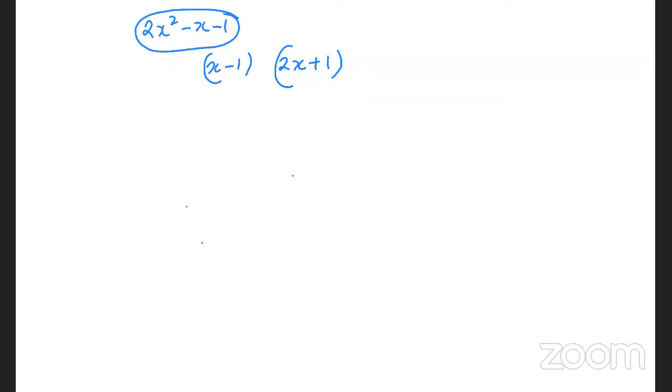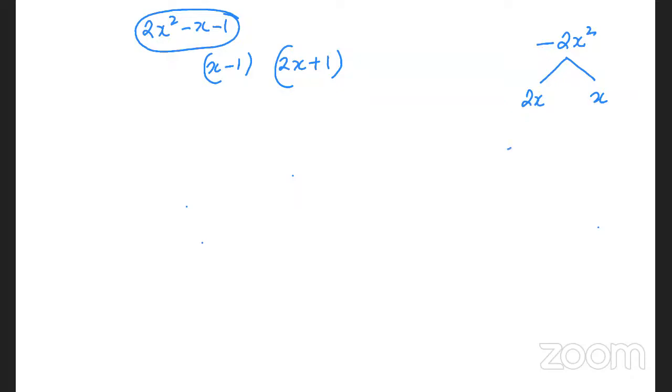So first of all, we have to multiply the first and the last term, so it will become 2x square. Now the factors should be such that when you multiply them, the answer will be minus 2x square, and when you add them, your answer should be minus x. If I take 2x into x, the answer will be plus 2x square. But you need minus 2x square.